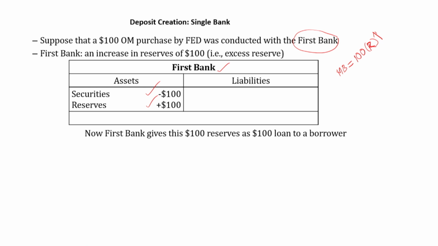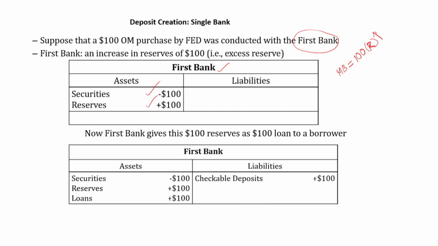Now the first bank gives this $100 of reserves as a $100 loan to a borrower. Why should this bank sell government securities to the central bank and in return get currency? Obviously it wants to use this money for some productive investment. So this $100 got credited to this bank, and now the bank loans out the equivalent amount to a borrower.